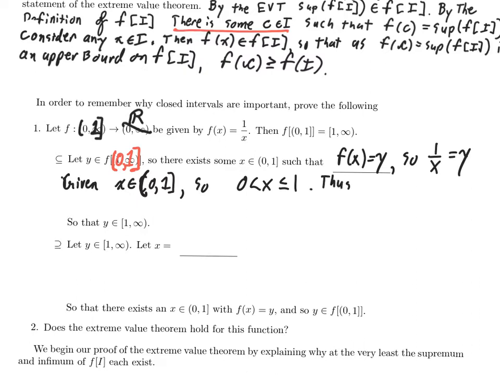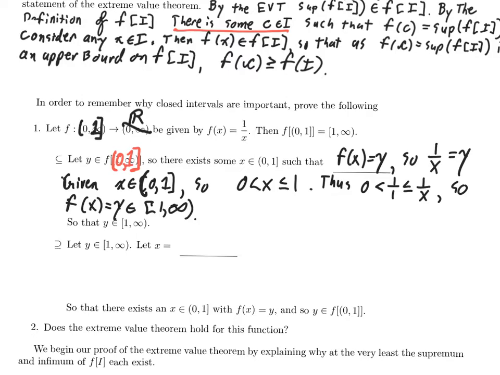Thus, 0 is less than 1 over 1, which is less than or equal to 1 over x. So f of x, which is y, is bigger than or equal to 1. That completes the first half of the proof.